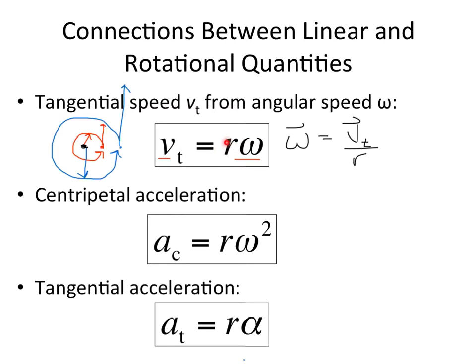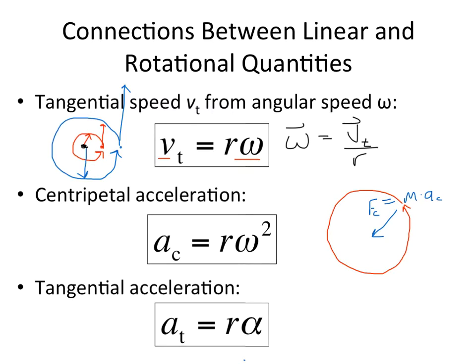Now we've talked about centripetal acceleration already. We had a chapter on uniform circular motion. If an object is moving in a circle like that, something is being directed towards the center in order to keep that object in a circle. We called it centripetal force. But of course, force is mass times acceleration, so we said the centripetal force is really mass times centripetal acceleration.